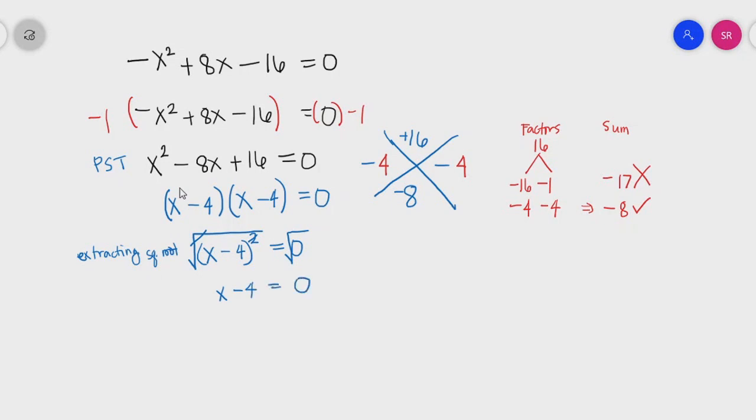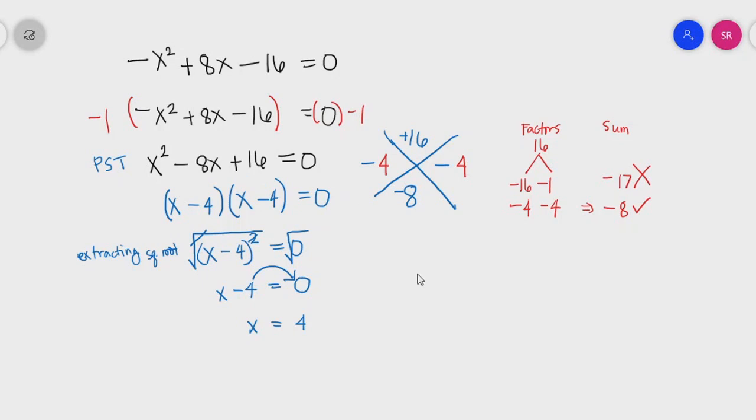Of course, we will not put positive and negative kasi yung 0 is a neutral number. It doesn't have any sign. Hindi siya integer. Okay, so then to get the value of x, we will just transfer negative 4 to the other side. So we have positive 4 as our root or solution of this quadratic equation.